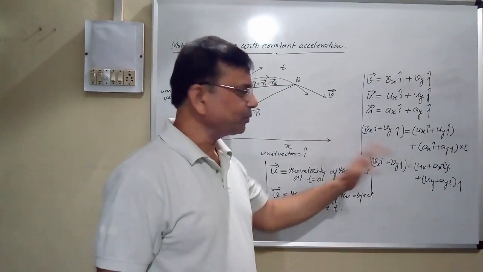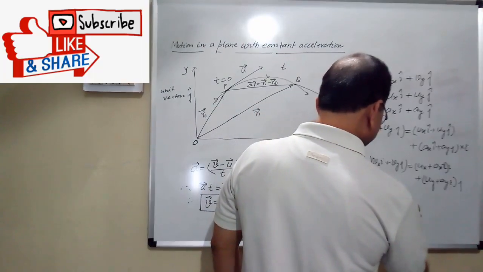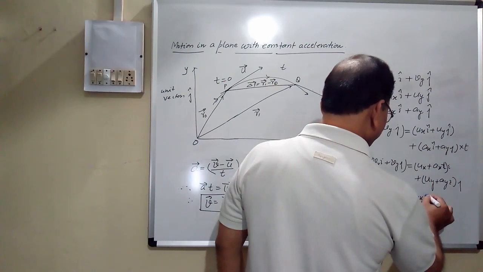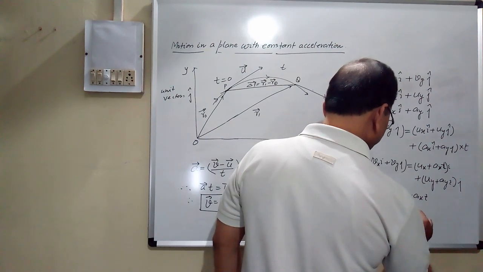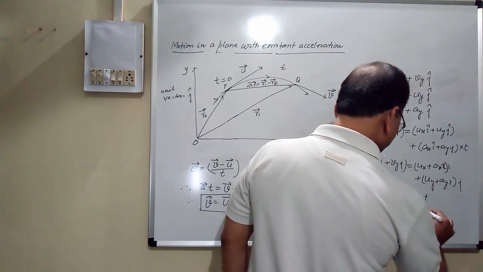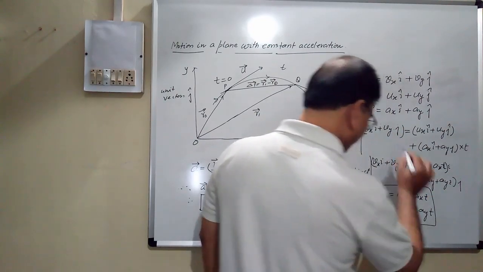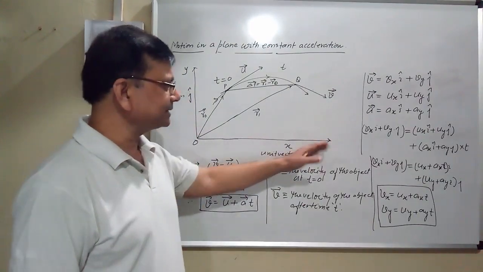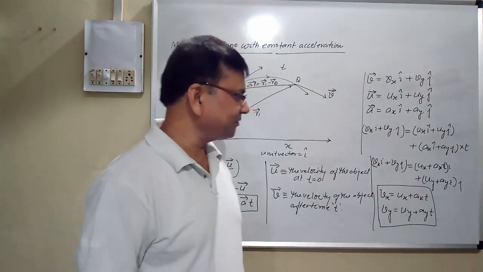So we can compare both the sides. So we can write vx is equal to ux plus ax t, and vy is equal to uy plus ay t. So in terms of magnitudes along x-axis and y-axis, this relation can be specified.